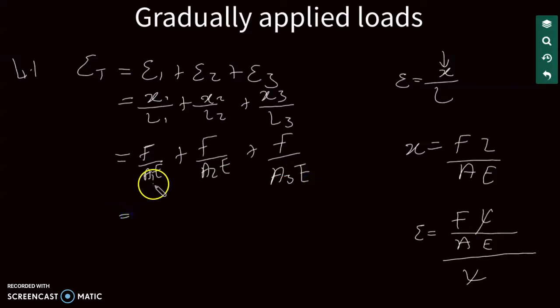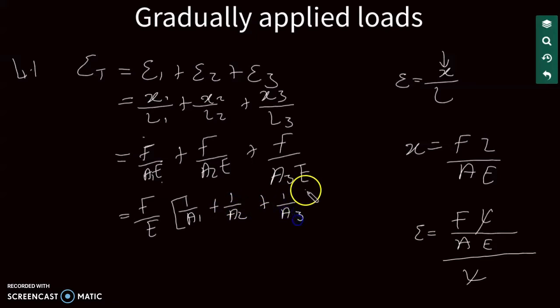Therefore, we are going to take the force and strain as a common factor, since they are the same throughout. We will end up with a formula like this: 1 divided by area number 1 plus 1 divided by area number 2 plus 1 divided by area number 3. This equates to what?